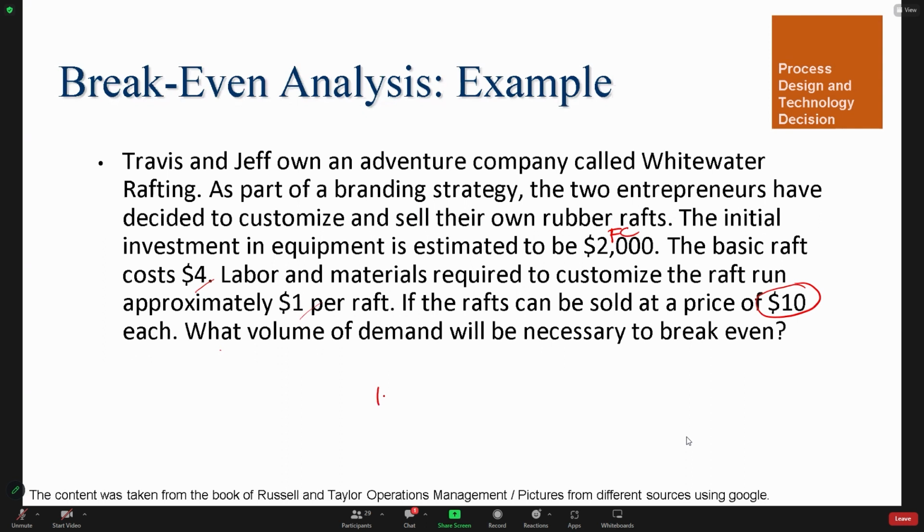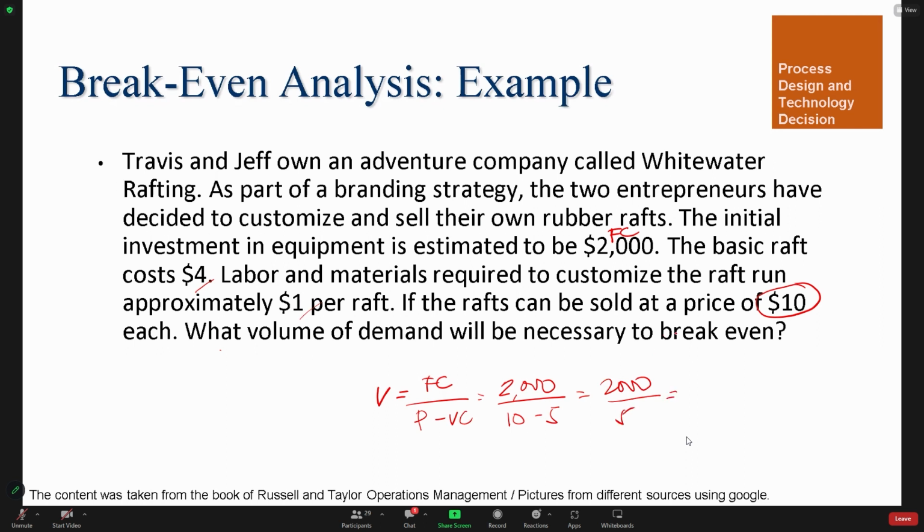Ang tanong, what volume of demand will be necessary to break even? So, volume of demand necessary to break even is fixed cost over price minus variable cost. So, fixed cost is 2,000 over $10 minus $5 will give you what? 2,000 divided by 5.